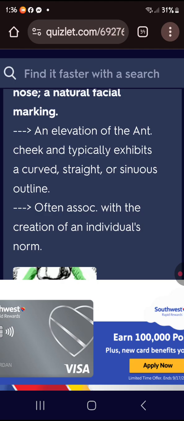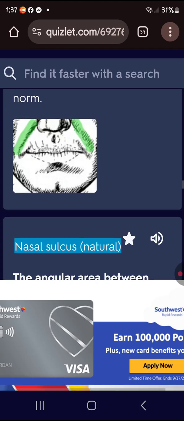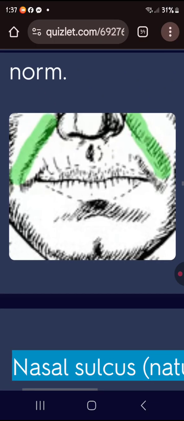I think that's a fancy bullshit word for running along the outline of the nose. Sinuous, whatever. The nasolabial fold is often associated with the creation of an individual's norm. And there it is.